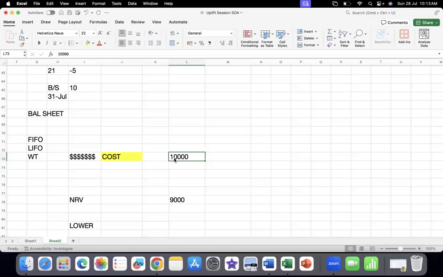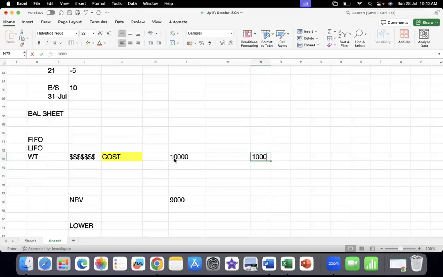In that case, you bring down your inventory by booking 1,000 as written off inventory loss. And that directly goes into your profit and loss account, unlike a provision account. See, that's the difference. Because in inventory we are not having any provision or any other kind of stuff, we directly book it into the profit and loss account.